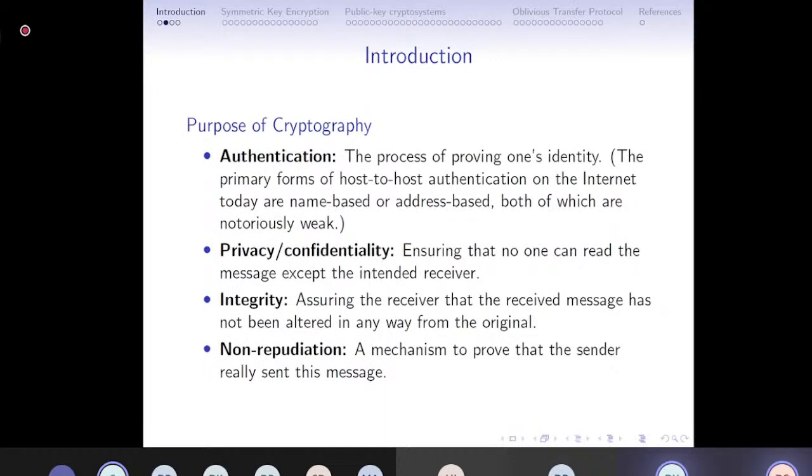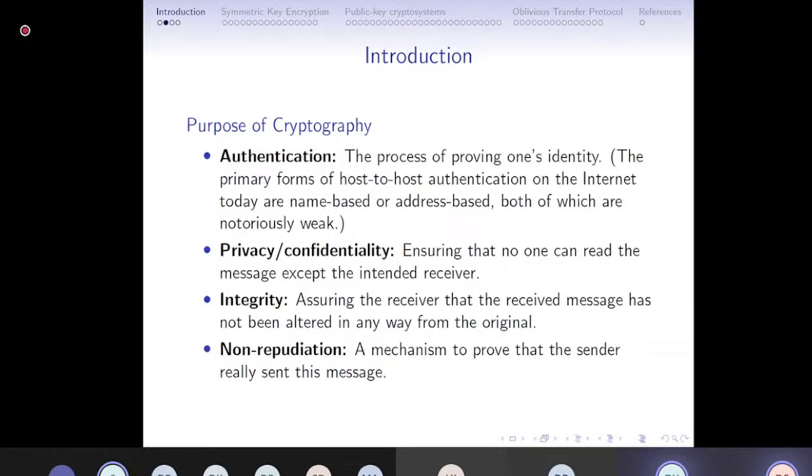Again, the question comes, what are the main purposes of cryptography? Basically four main purposes. First one is authentication, then confidentiality, integrity, and non-repudiation. What does authentication mean? Authentication is the process of proving a user's or thing's identity.